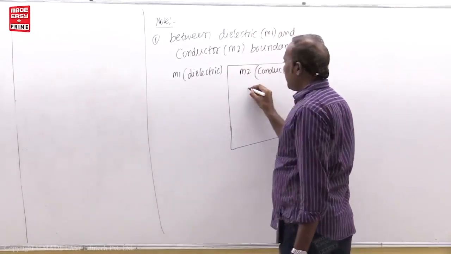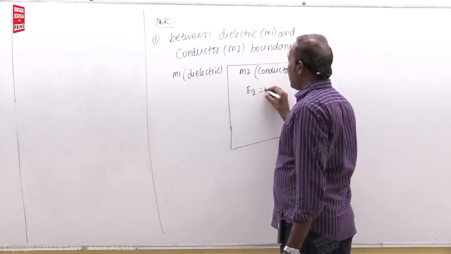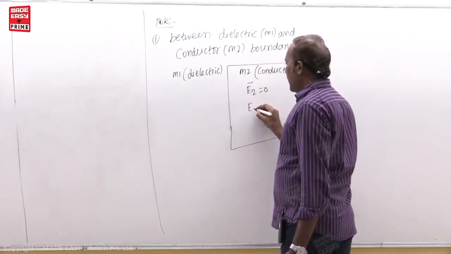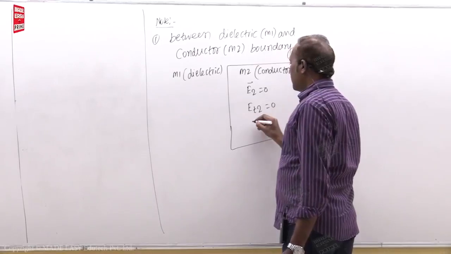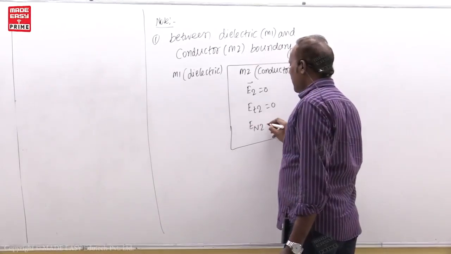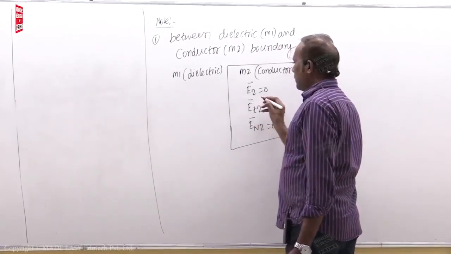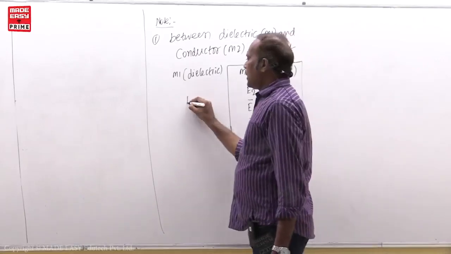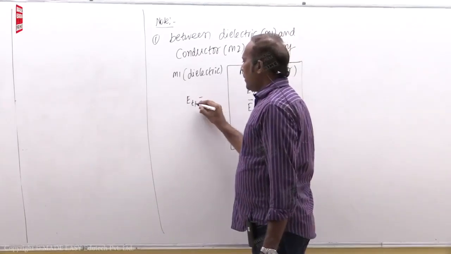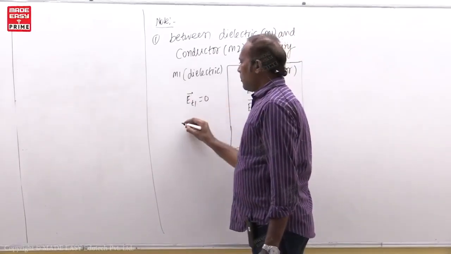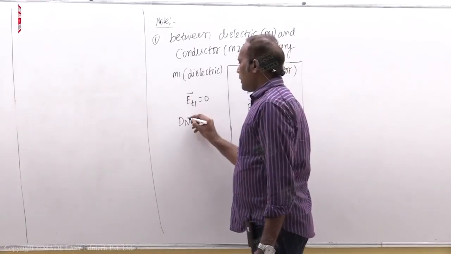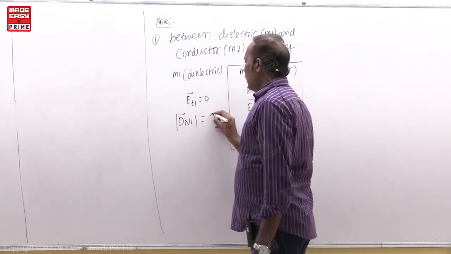So this side electric field is 0, and of course the tangential component of electric field is also 0, the normal component is 0. Now on this side, the tangential component in medium 1 is also 0, but the normal component is not 0.